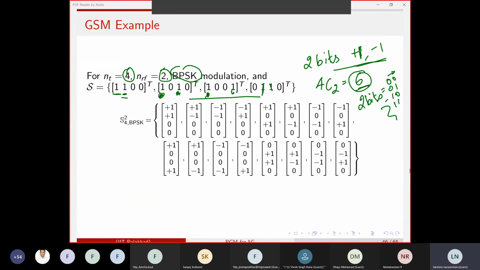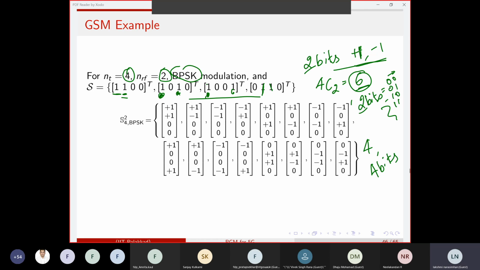Whereas if I had used the regular spatial multiplexing scheme and used BPSK, I would have used 4 antennas, and in each of those antennas, I would have transmitted 1 BPSK symbol, which means I would have again gotten 4 bits. So the rate is the same as the generalized spatial modulation, which also offers 4 bits, this 2 bits plus these 2 bits.